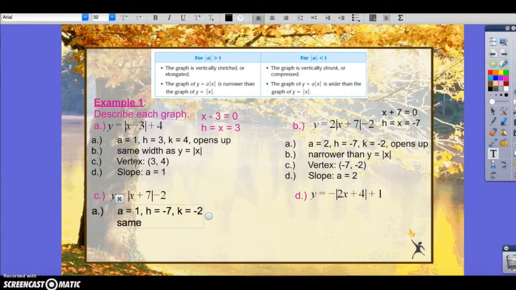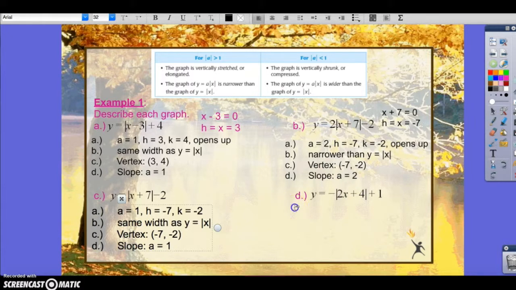My a is 1, so it's the same width as y equals absolute value of x. Might help if I put B here. C, my vertex, is -7, -2, and D, my slope, a equals 1.